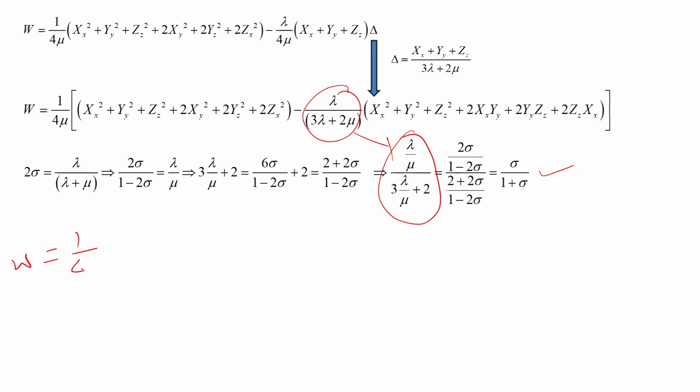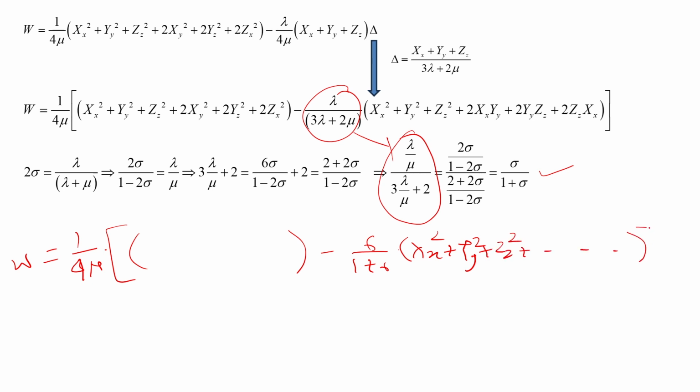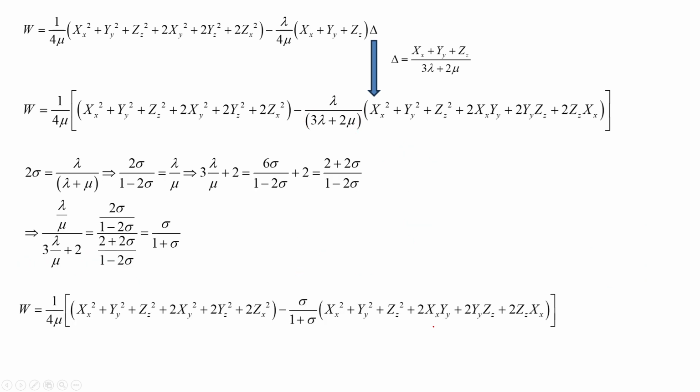and so finally W is equal to 1 by 4μ, and we have these terms that we already have, minus σ by (1 plus σ) into (σxx plus σyy plus σzz) square, plus all these terms. Then you simplify the whole thing, and the simplified form finally comes out like this.